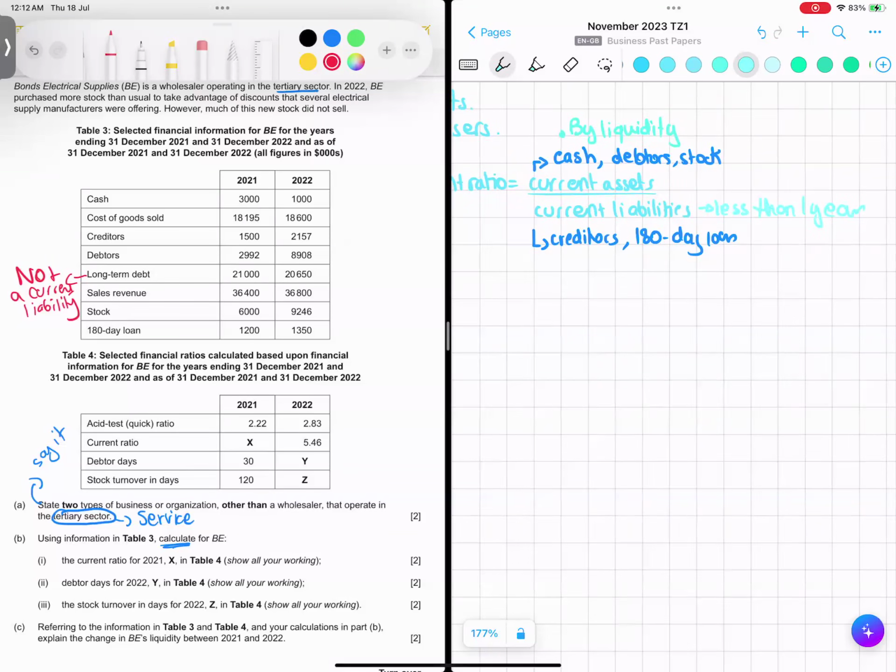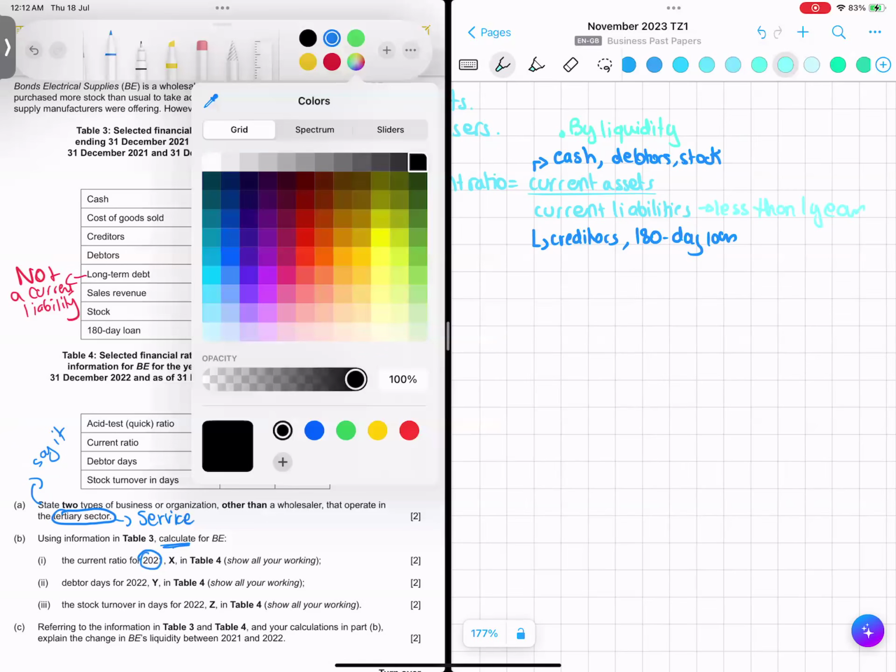So now what we end up doing is adding all of our current assets and current liabilities, right? Oh, and we have to keep in mind something very important, which is a trick in IB. Here they gave us figures for 2021, right? So we need to only focus on 2021. So let's begin. I'm just going to take green and move forward.